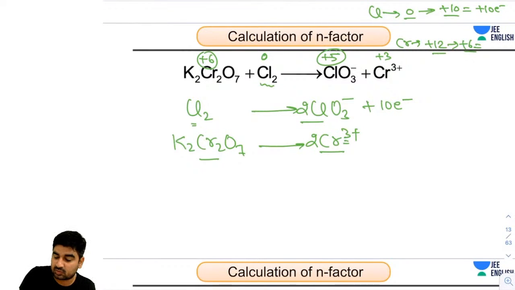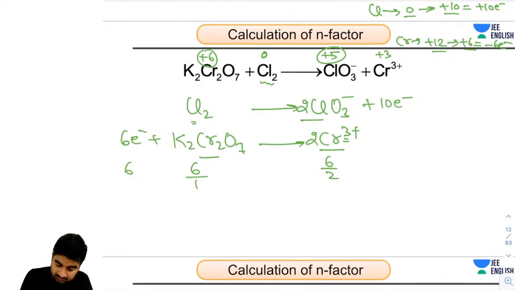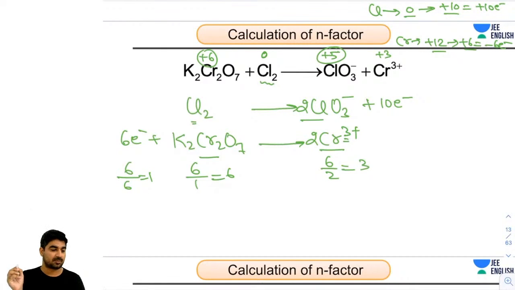So 6 minus 12 would be -6. So there is gain of 6 electron, guys. There is gain of 6 electron. Now 6, 6, 1, 6 and 3. Tell me, is that done now? Yes.